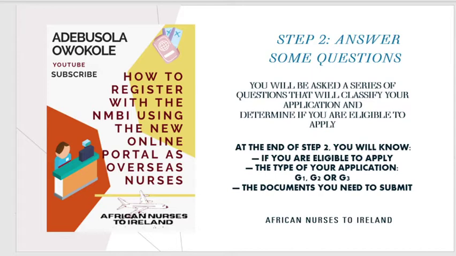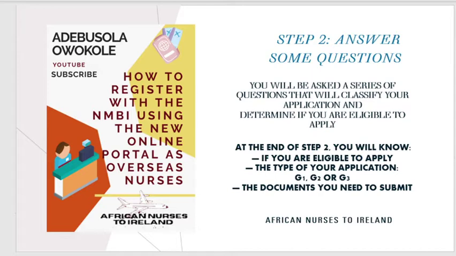The portal automatically will be asking you a series of questions that will classify your application and determine if you are eligible to apply. I want you to note that at this stage, payment is not required at this initial stage. Step 1 and step 2, you don't need to pay yet. So you'll be answering a series of questions to determine your eligibility. At the end of the step, you will know, firstly, if you are eligible to apply, and secondly, the type of your application.